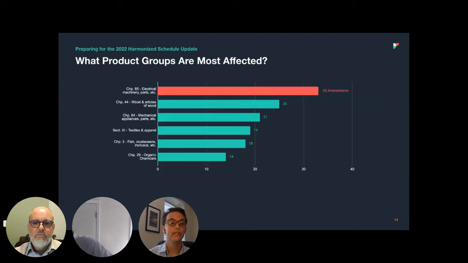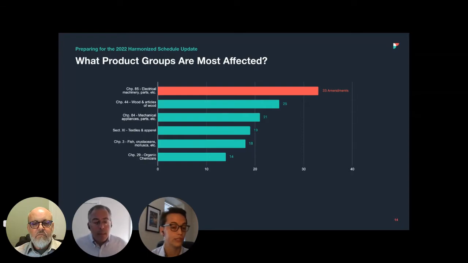So where are we seeing the most impact? Based on where these changes are occurring, we're seeing the greatest number in Chapter 85, Chapter 44, and Chapter 84, all seeing some major changes. And I'll go into a very slight amount of detail here, and maybe we can get further into detail in the Q&A portion. Chapter 85, we're seeing changes to display devices.